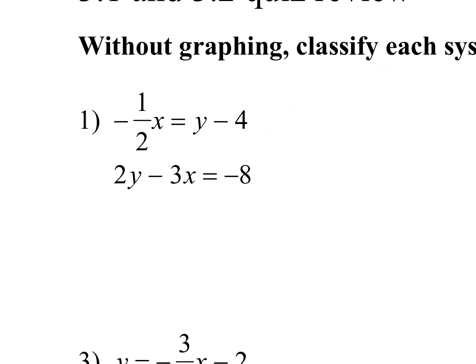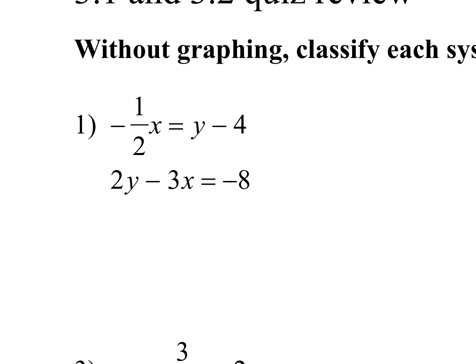So looking at number 1, how can we find out what the slope and the y-intercept is? What form do we need it to be in? Y equals mx plus b. So how do I get this to be y equals? Looking at the first one, let's do the first one first.